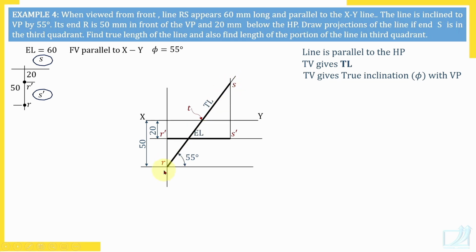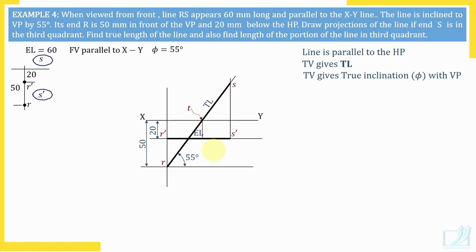RS is top view of the line. Top view of the line means top view of all points on the line. So T is one of the points on the line, so this is top view of point T.